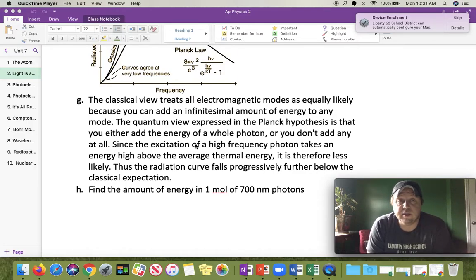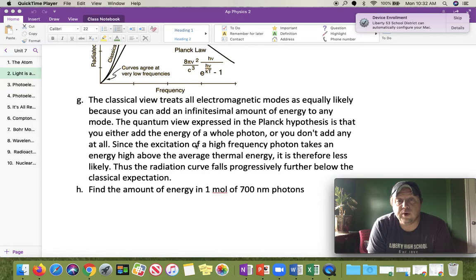So instead, the quantum view that Planck based his theory on is that it's all or nothing. Instead of continuously adding little minute amounts of energy and getting a progressively higher and higher frequency, you basically had to treat it as you either get the energy of one photon or you don't get any energy at all.